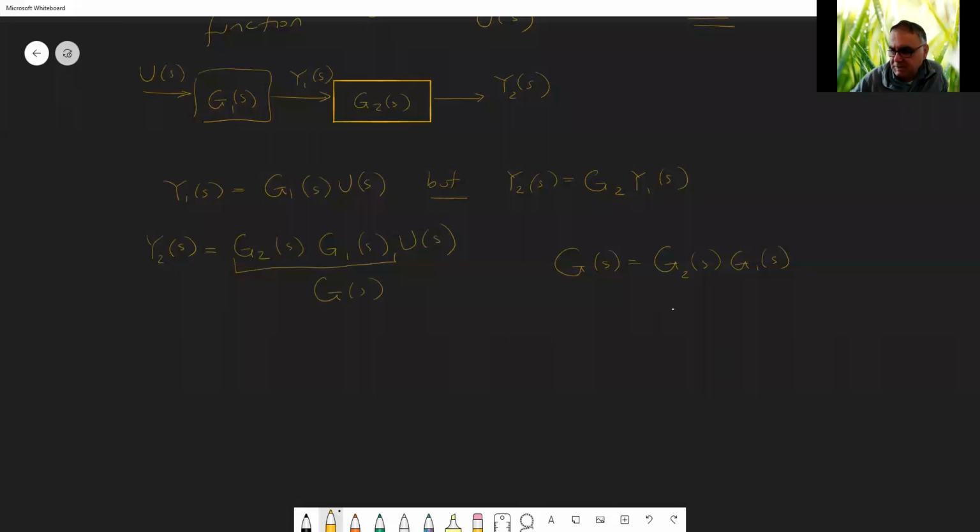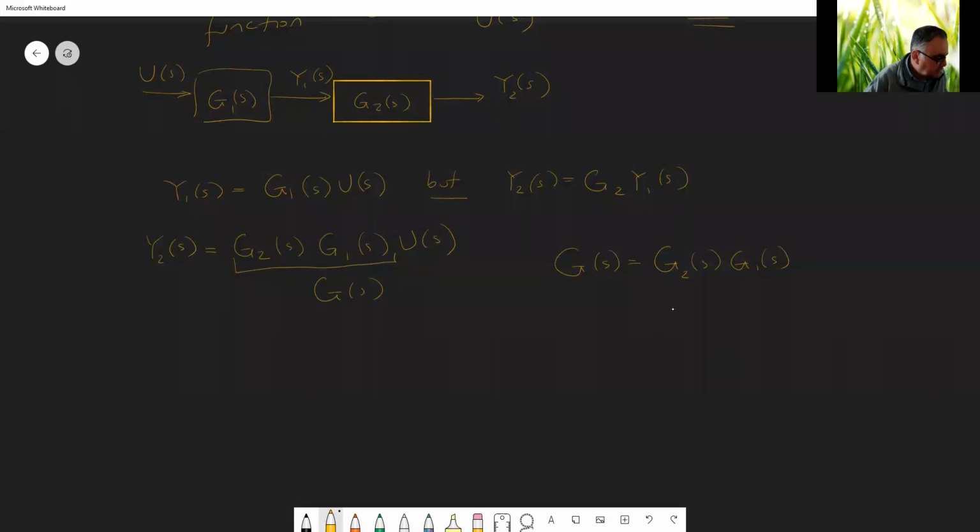So we can represent systems by blocks, as you see, and it is possible to use the so-called block diagrams in order to represent systems.